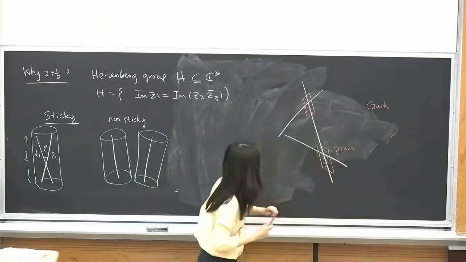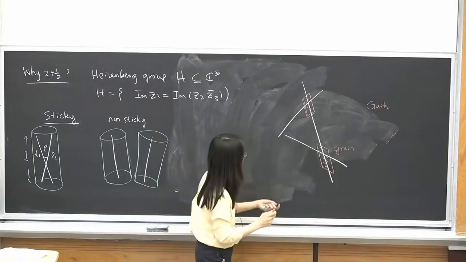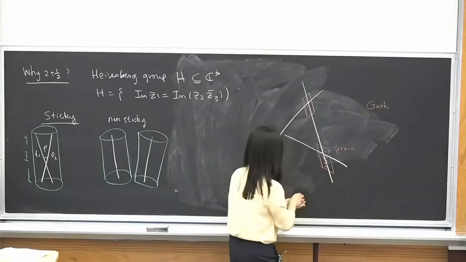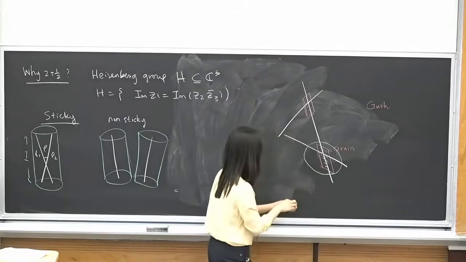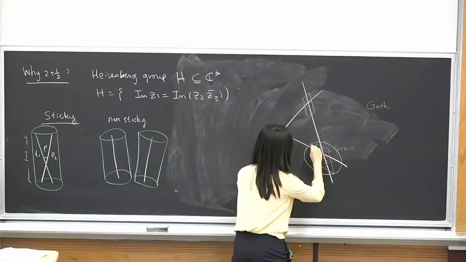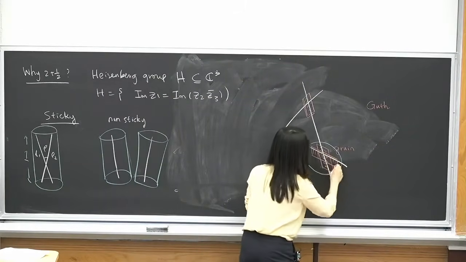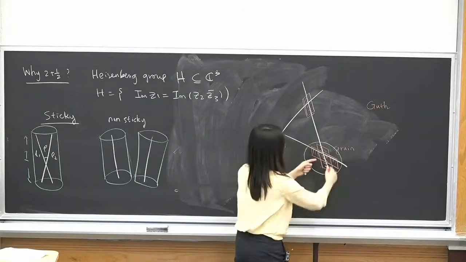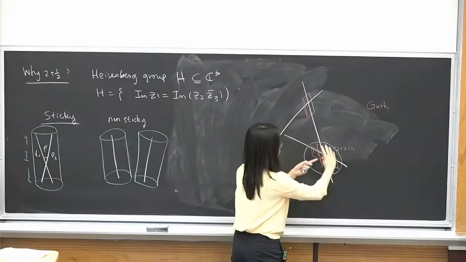So just a very quick comment on what we did with those grains is the following. We realized that we should just consider how the grains from different lines intersect, the grains that sit on different lines.